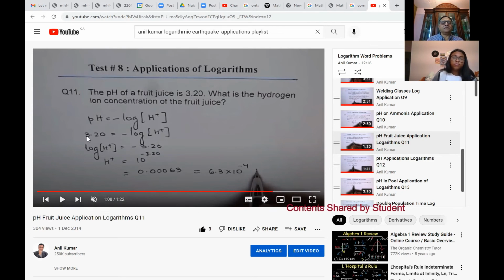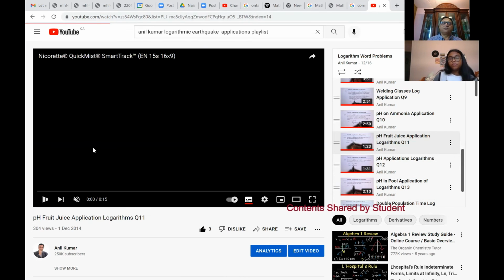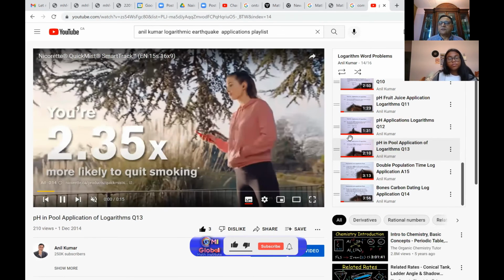So 3.20 is minus log of hydrogen ion concentration. Taking care of the sign first, log of hydrogen ion concentration is minus 3.20, and we write it in exponential form. So the hydrogen ion concentration will be 10 to the power of minus 3.20, correct? You can use the calculator to calculate the value. So you can solve pH questions. There are many such pH questions here. You can see, for example, the next one here, right?